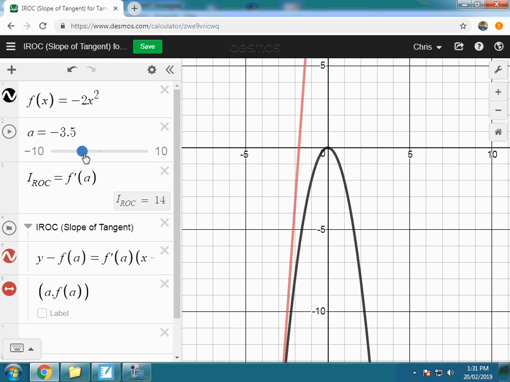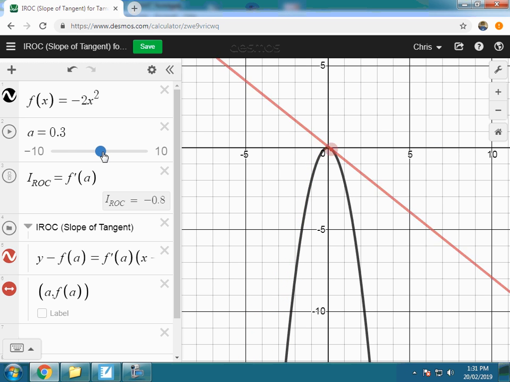So here's my function, negative 2x squared, and I've got all the different tangents I want to go over here. So I'm at x equals 1, or a equals 1, and indeed there it is, the IROC, or the instantaneous rate of change, the slope of the tangent is indeed negative 4.